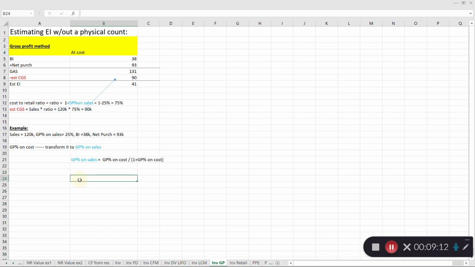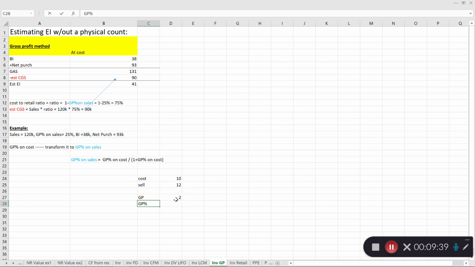And what I mean by that is, you could have an item that costs you $10. I guess I should be clear about this. And then you sell it for 12. Okay, so the markup or the gross profit is $2. Now the gross profit percentage, well, it depends.